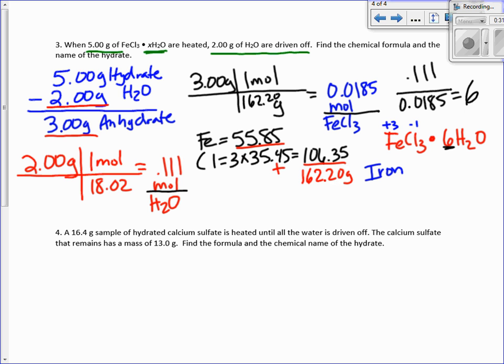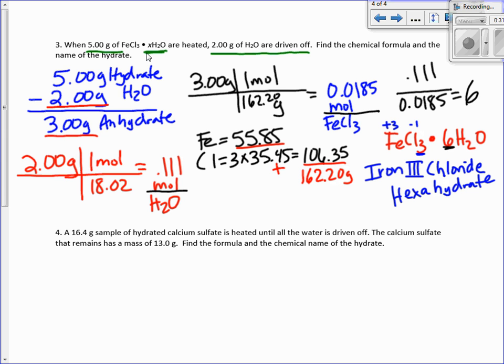That's right, because remember the charges have to add to 0. So -1, there's three of them, so this side is -3. So the iron has to be +3, so this is iron 3, chloride, hexa, you were right about the hexahydrate. Good.